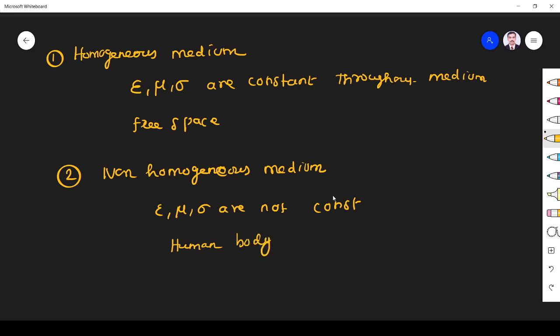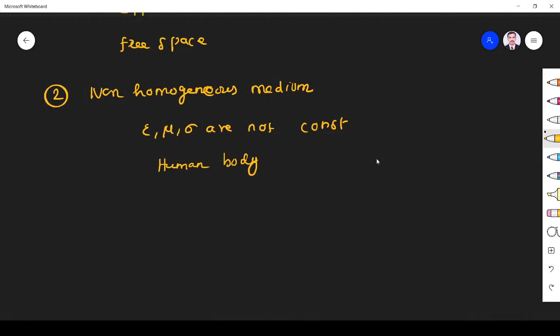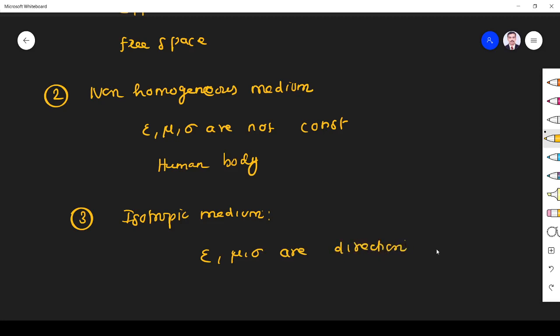And third one is isotropic medium. So what is isotropic medium? Isotropic medium is one for which these parameters are simply scalar, right? So epsilon, mu, sigma are direction independent.